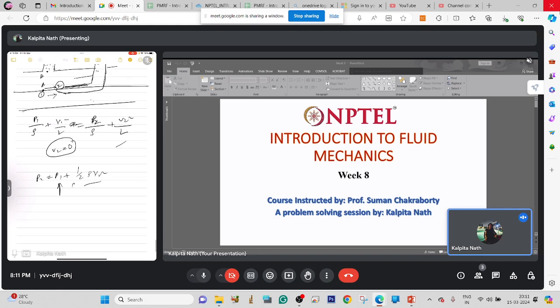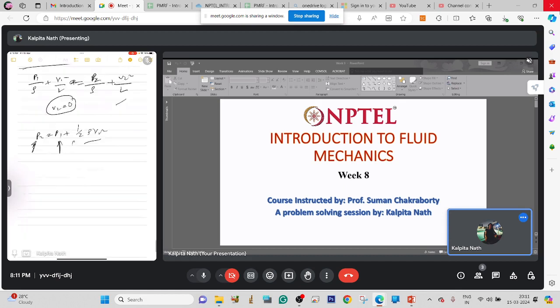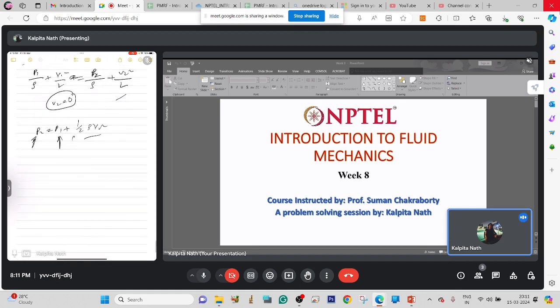So this is static pressure, and this is stagnation pressure. This is derived considering a frictionless condition. Pressure at point 2 will be stagnation pressure only when the fluid is brought to rest in a reversible adiabatic manner. Stagnation pressure is not always required to be measured, as we can simply find it using static pressure plus half rho V1 square.